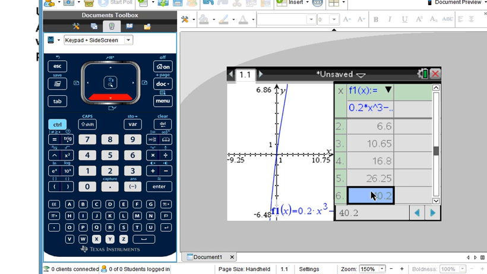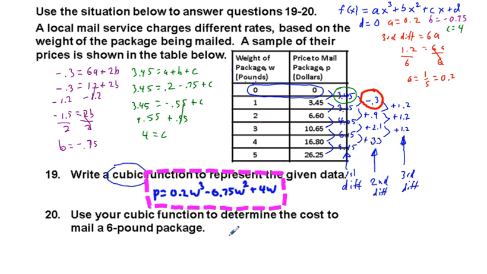So I get 40.2. You see along the line, all these other points were met. So 40.2 is what we're going to call. So we say 40.2 dollars will be our answer there.